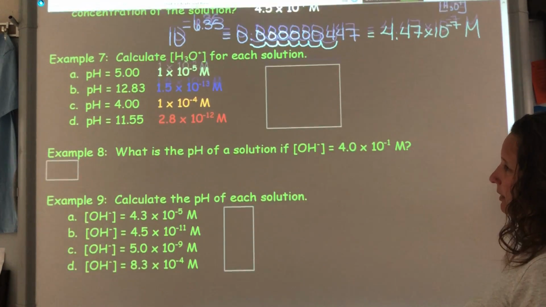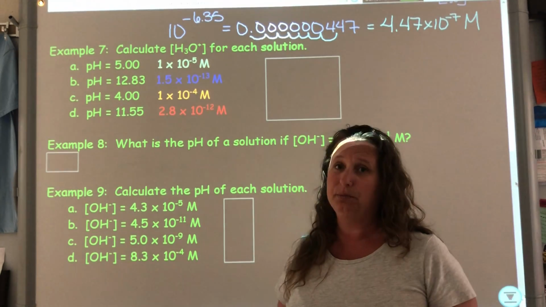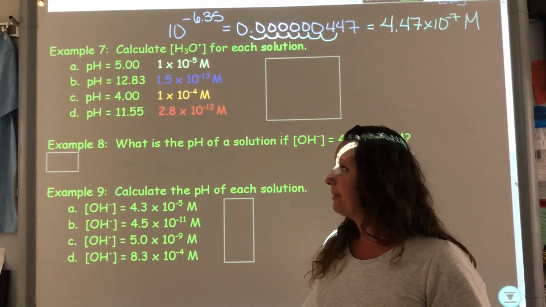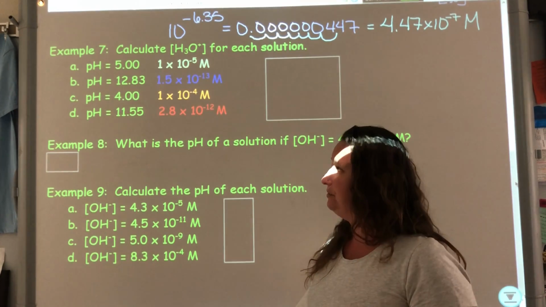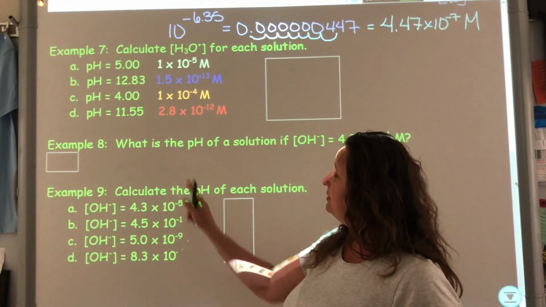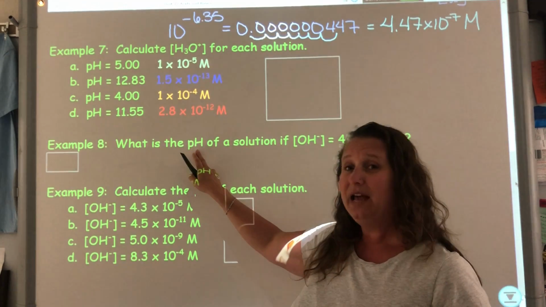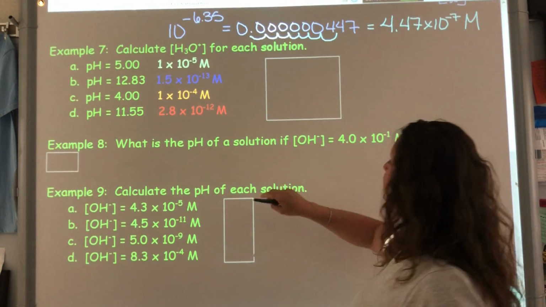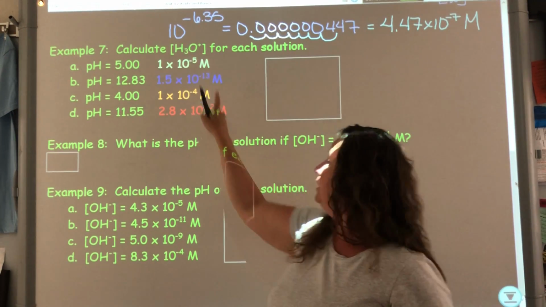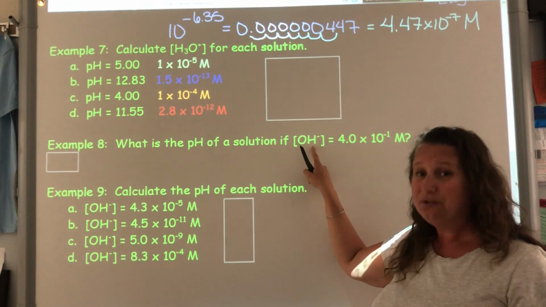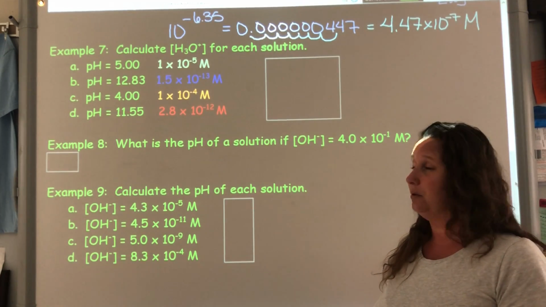Okay, on to the last part, and this is also going to be kind of difficult as well. And there are a couple of ways that we can get around how to answer this question. Because this is asking for pH, you have to have the hydronium ion concentration. You have to have one of those. This is actually giving us the hydroxide ion concentration. So we can work this a couple of different ways.